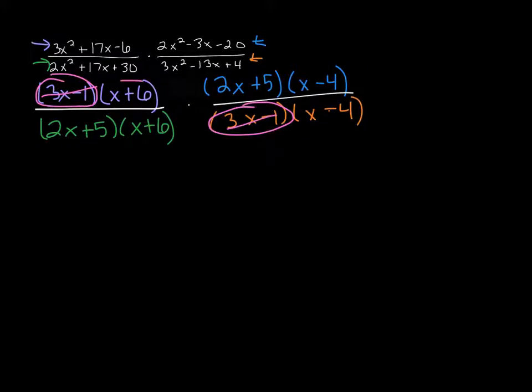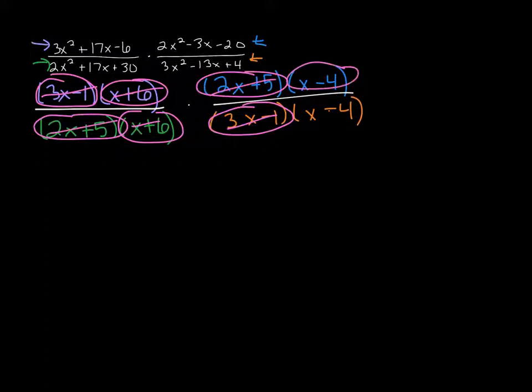We have x plus 6 can be crossed off. 2x plus 5 can be crossed off. And x minus 4 can be crossed off. Since we crossed everything out, remember when you divide something by itself, the answer is actually 1.